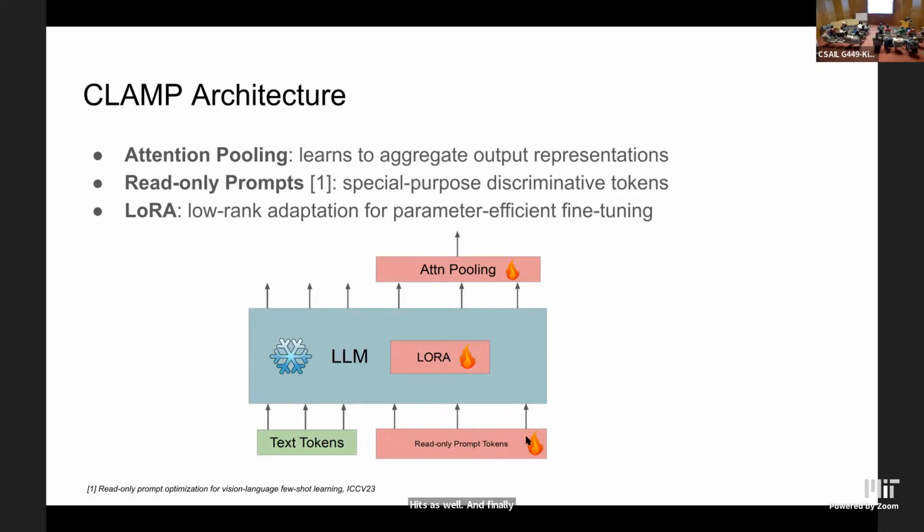This is something that a previous work found successful, where you learn special tokens that are added to your text as input to the LLM. If you only learn something at the output layer, you're not changing anything that happens in the actual network, right?